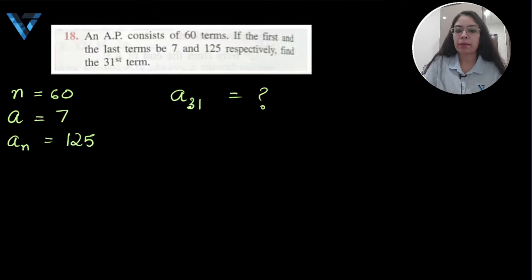So for A31, what do I need here? What will be the formula for A31?